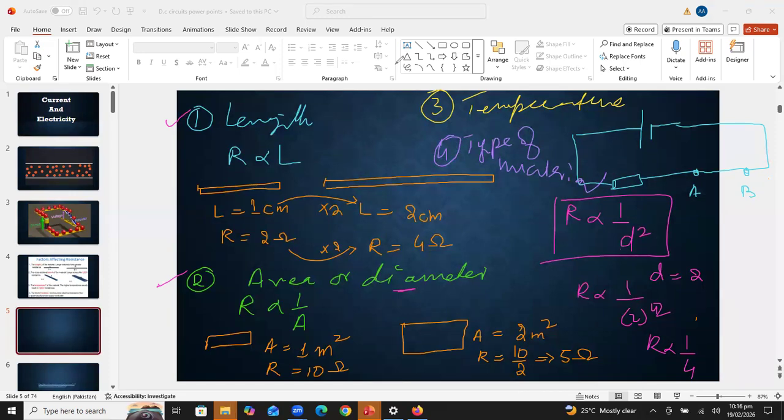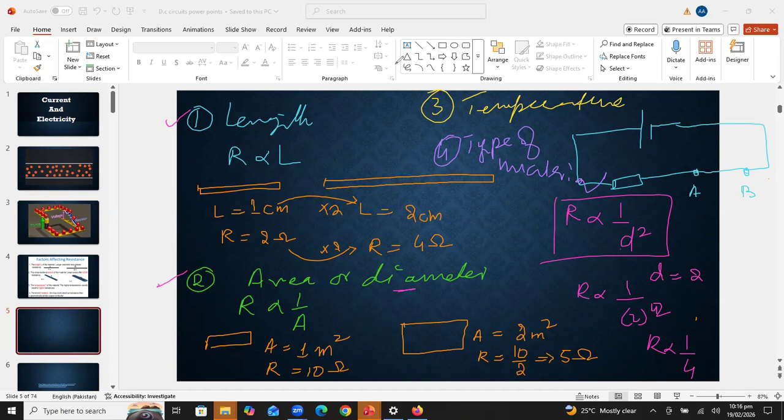If I make a resistor of copper wire, obviously copper is a good conductor, so it will not resist the electric current. So resistors should be made of those materials whose electrical resistance is high. It means their conductivity is low and their resistivity is high.